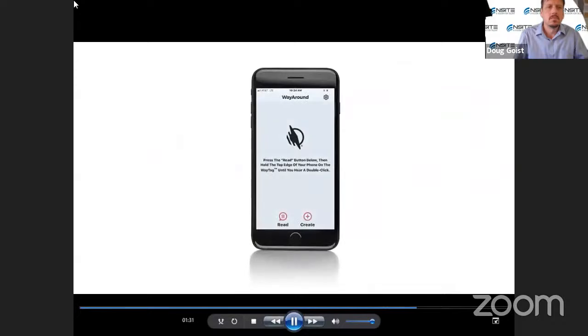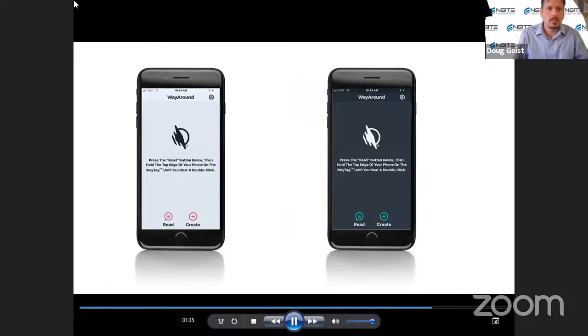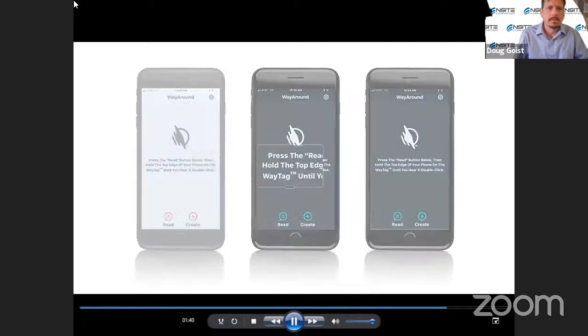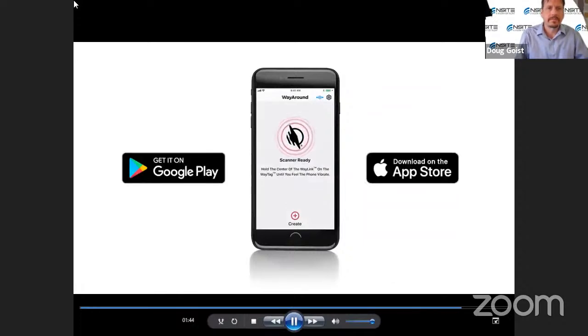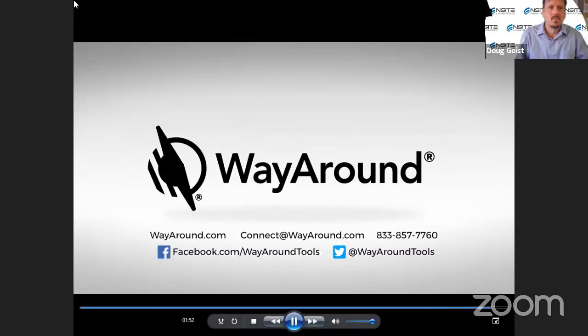We developed Way Around specifically for those with vision loss, assuring it works seamlessly with VoiceOver and other accessibility tools. The free Way Around app is available for Android and iOS. Way Around, the smart assistant that puts information at your fingertips.